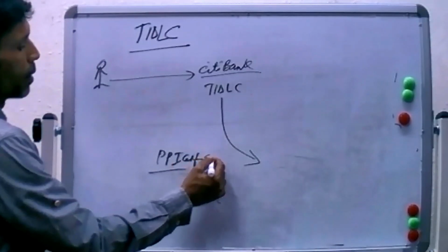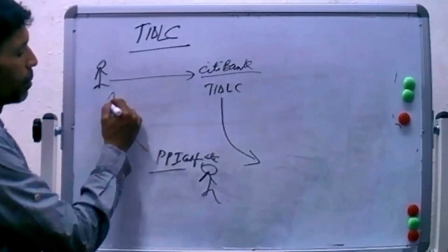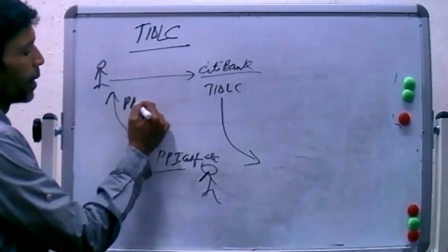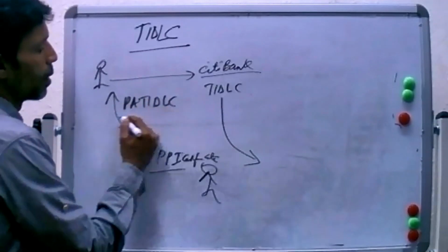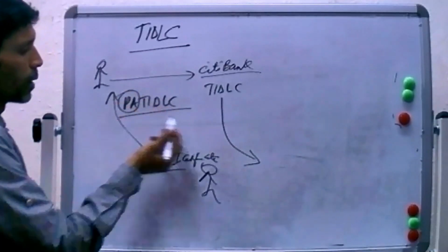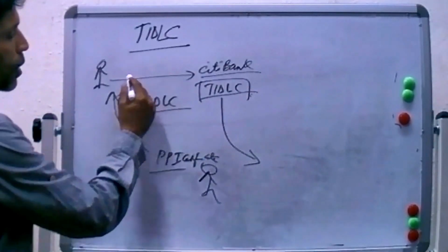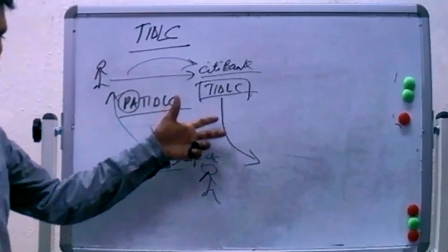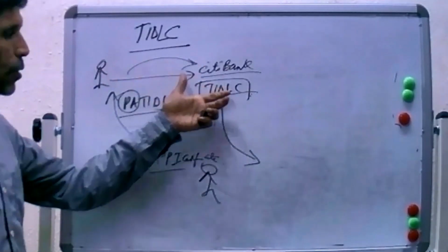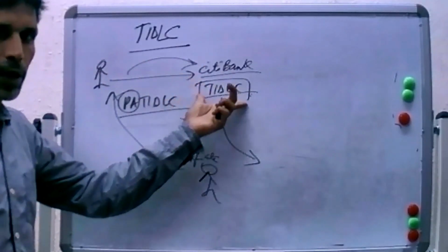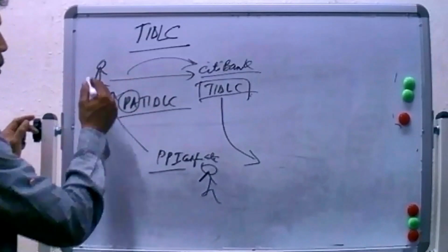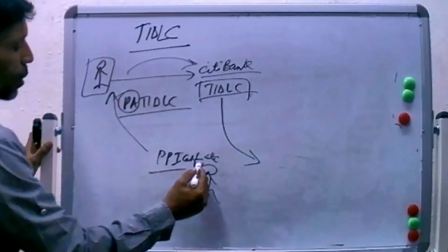and ask him to open a PA TIDLC, that is pre-advised. That means the buyer did not come to the bank and make the TIDLC yet. He was still in the contract stage. You are in the contract stage, okay?